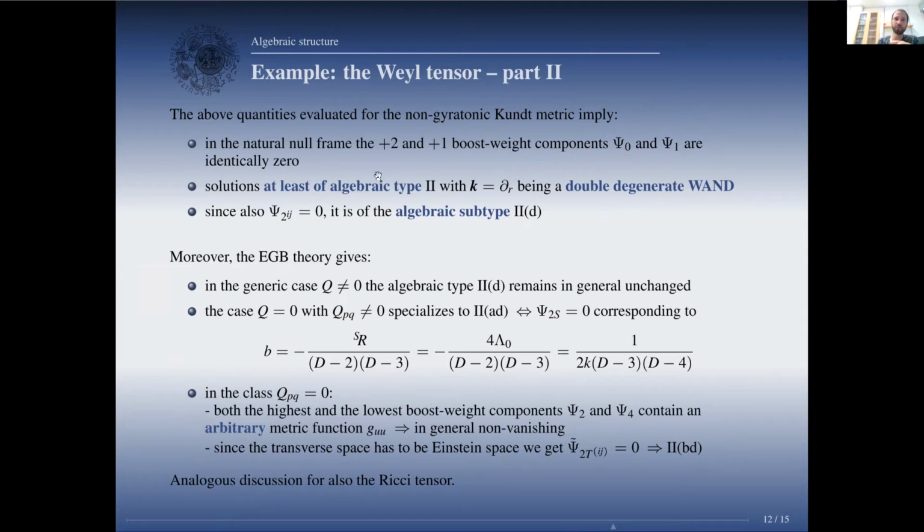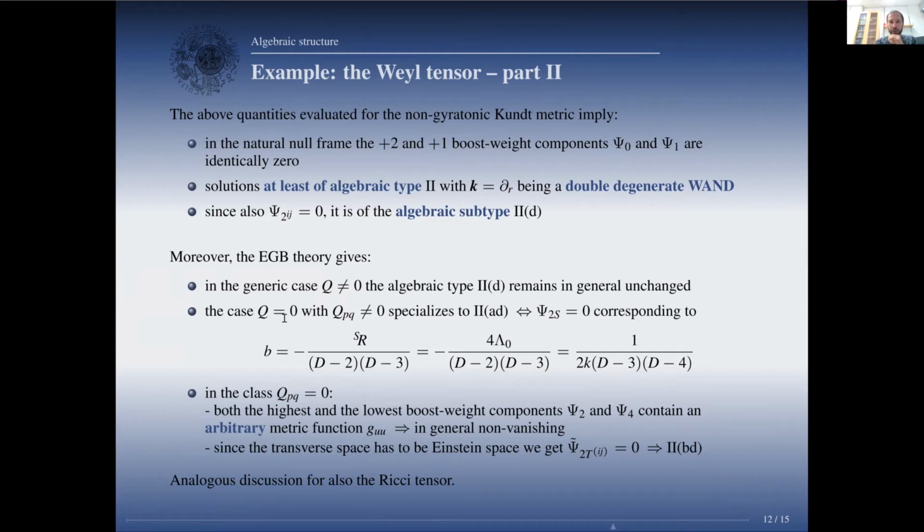It means that the two highest boost weights are vanishing, and moreover, also one component of boost weight 0 is vanishing, so it corresponds to subtype D. And in Einstein-Gauss-Bonnet theory, employing the restrictions of this theory, we can find that in the generic case, this type will be also II, and it will be unchanged without some additional constraints or conditions.